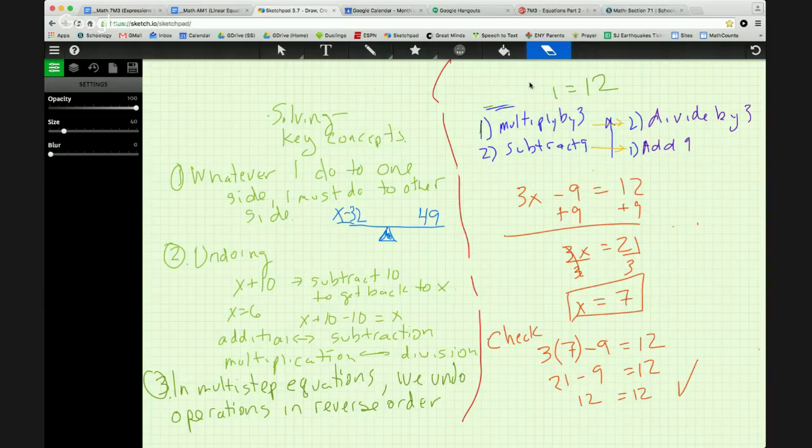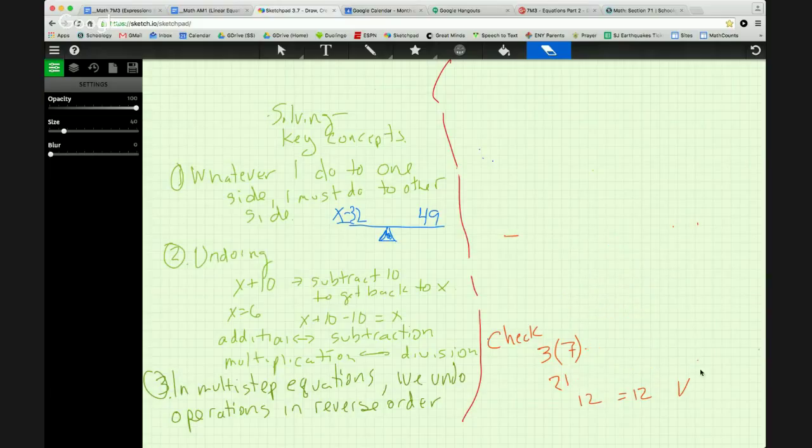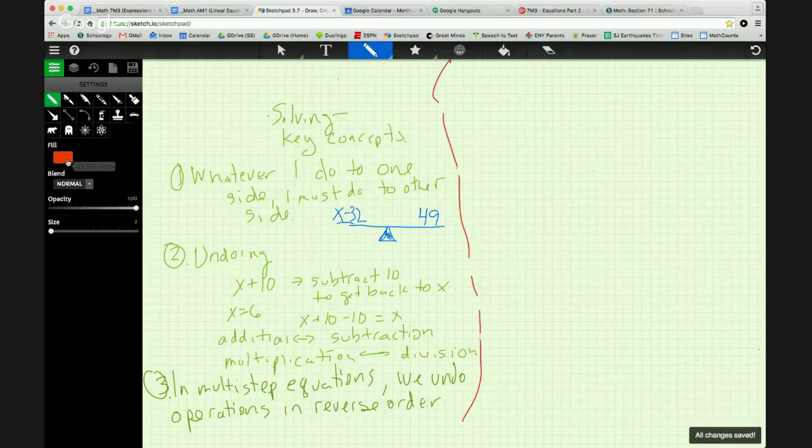All right. I'm just going to erase this again, and then we're going to do one last problem, and then we're going to leave it there.